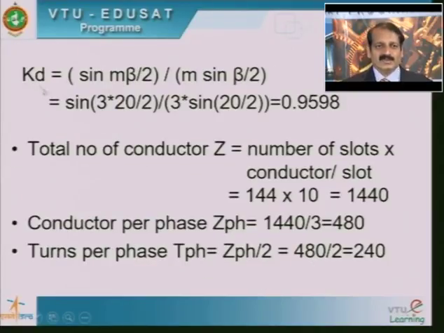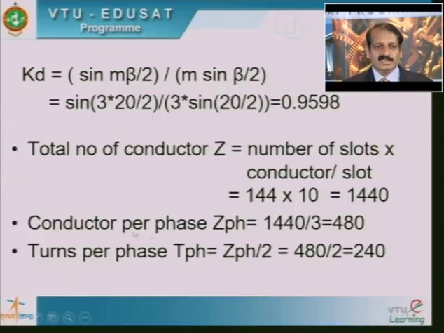Distribution factor can be calculated as m is equal to 3, beta is equal to 20, and when we substitute accordingly we will get 0.9598. So, total number of conductors in the stator is given by Z, which is equal to 144, the total number of slots, into conductors per slot, that is 10, and it amounts to 1440.